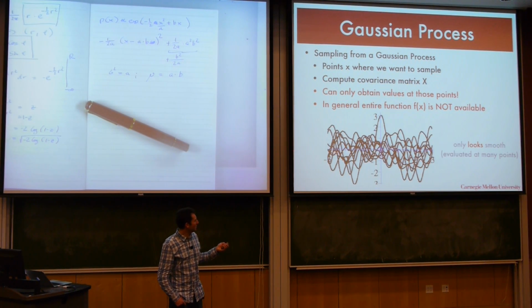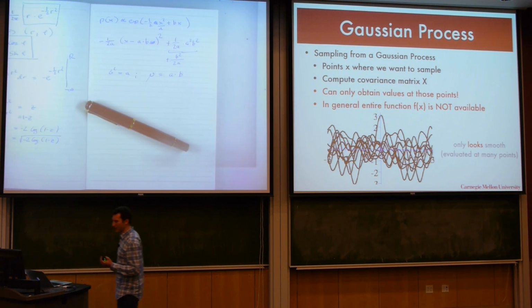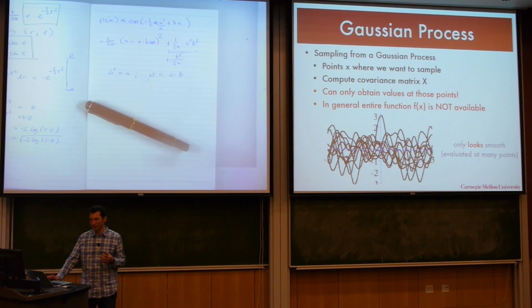So here are some more draws from a Gaussian process, and they look as squiggly as they would. All right. But what this already tells us is that those Gaussian processes, if I just pick the right covariance function, can be really useful tools at parameterizing smooth functions. That's the main reason why they are so popular. As a matter of fact, we did smooth functions 2 weeks ago when we did support vector regression.